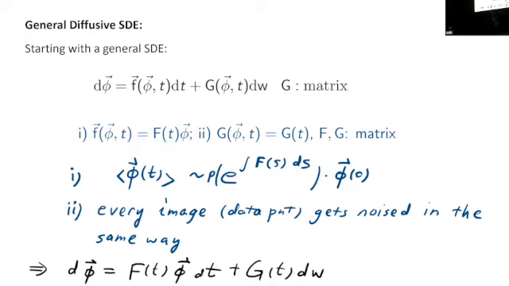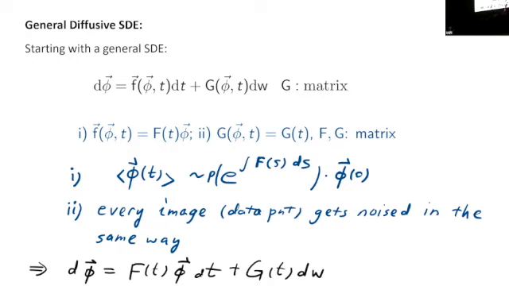And the second is that they're dependent on t, but there's no external phi dependence. It just says that every image, or you can replace it by your data point, gets noise in the same manner. So we don't want explicit phi dependence in the two matrices F and G.